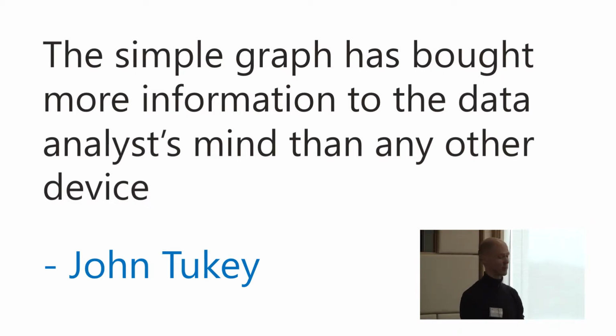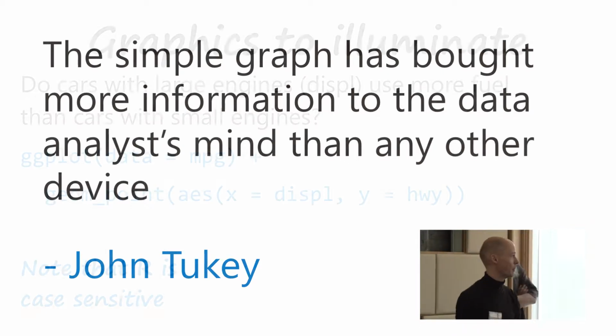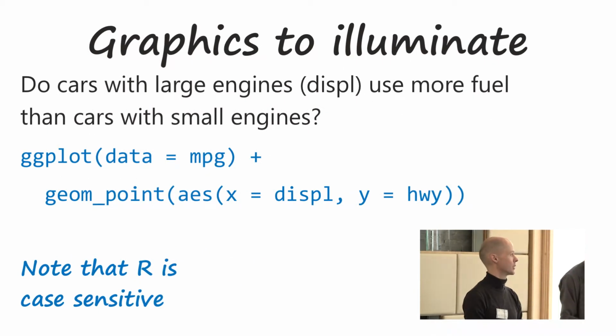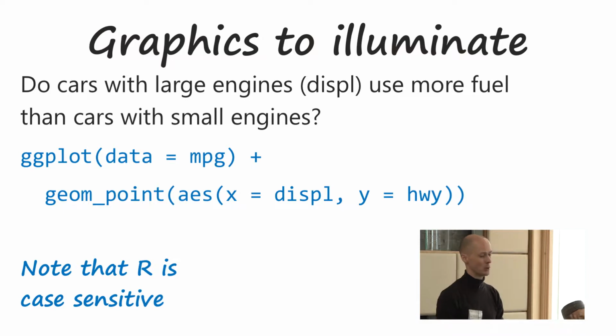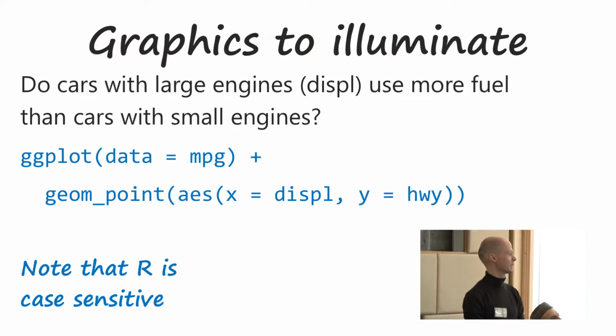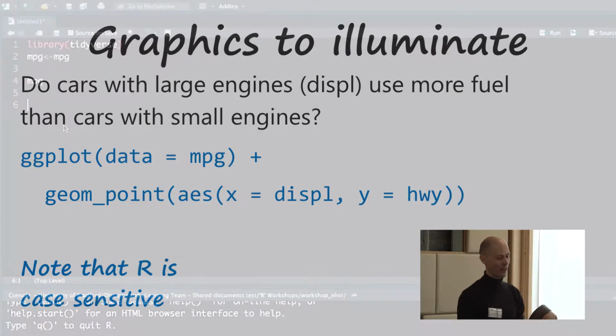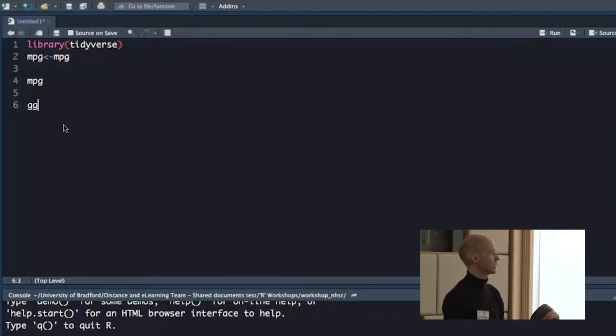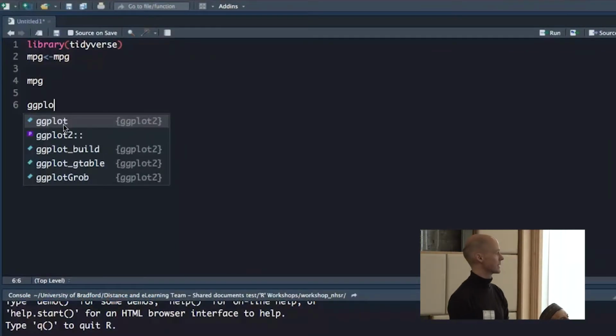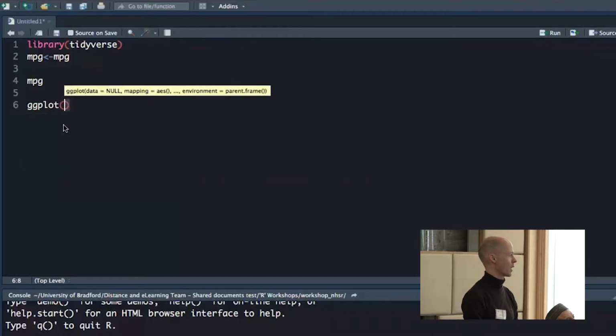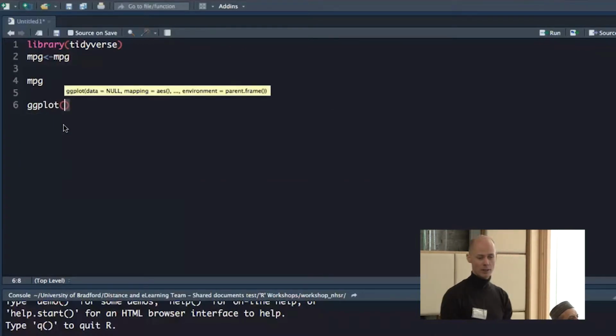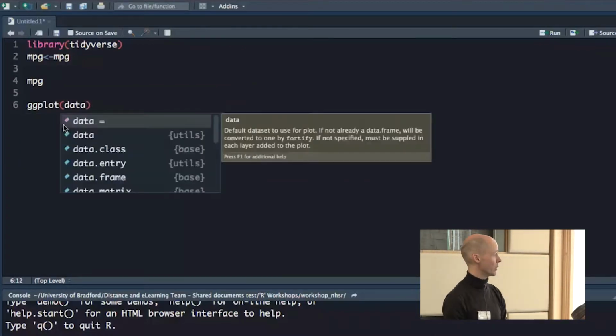We're going to use some graphics to illuminate this question: do cars with large engines use more fuel than cars with small engines? We can investigate this by typing this command here. And note R is case sensitive, so hopefully all of your coding will be in lowercase.